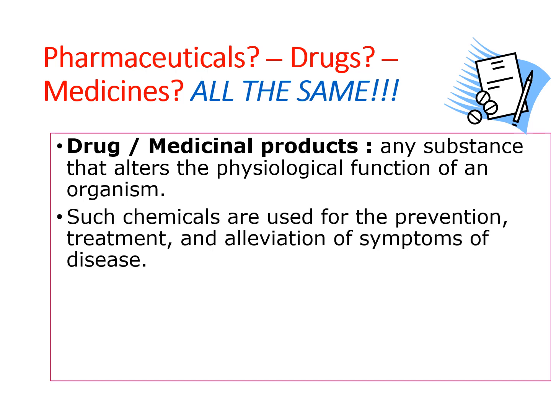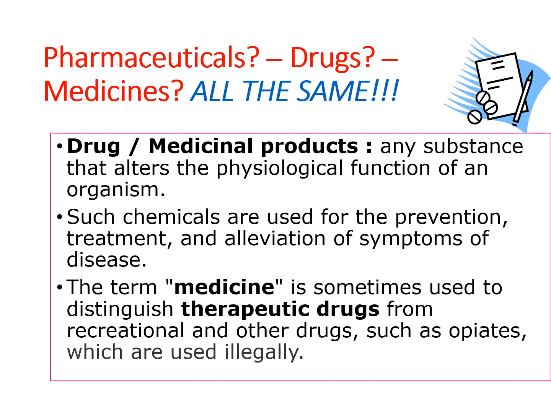And such chemicals would be used for the prevention, treatment, and alleviation of symptoms of a disease. The term medicine is sometimes used instead to distinguish therapeutic drugs from recreational drugs and other drugs such as opiates, which are used illegally.